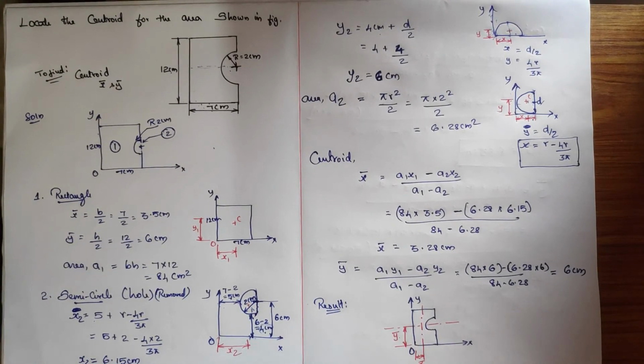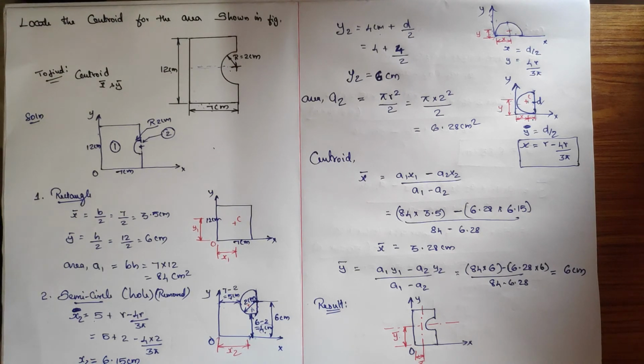So I hope you understood how to work, in which procedure we need to go. Divide the components into simple components, and afterwards identify each individual self-centroid and area. Afterwards find the centroid using the formula: x bar is equal to the sum of first moment of area about the y-axis divided by total area.